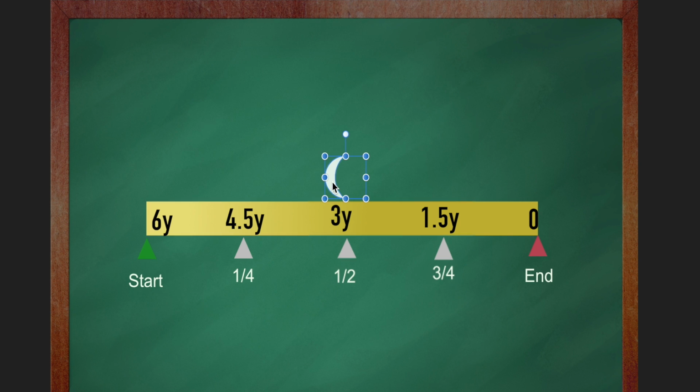If the moon had reached here, half of it is over, and therefore the Dasha balance would have been 3 years, because 3 out of 6 years is 50%. So as the moon goes this way towards the end, the balance keeps decreasing.